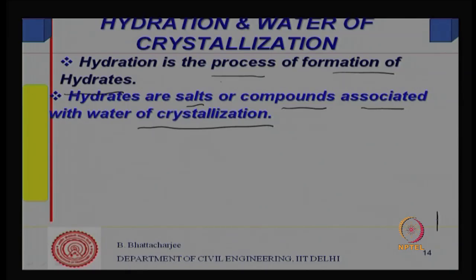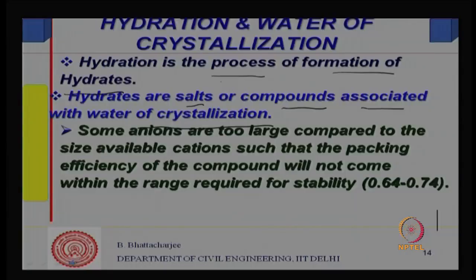That means, cement when it comes in contact with water takes water of crystallization and becomes hydrates. Therefore, we say hydration of cement, hydration reaction of cement. Hydration is a general term used in chemistry. Why does it happen?